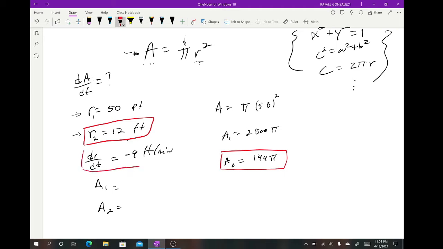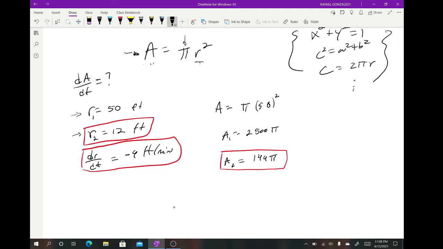And we know that the rate of change of the radius is -4 feet per minute. These are going to be the most important aspects of what I'm looking for.